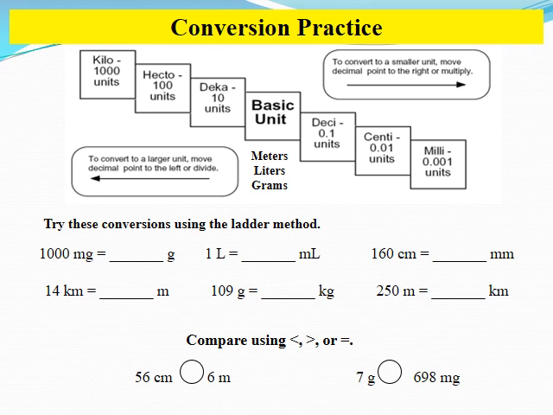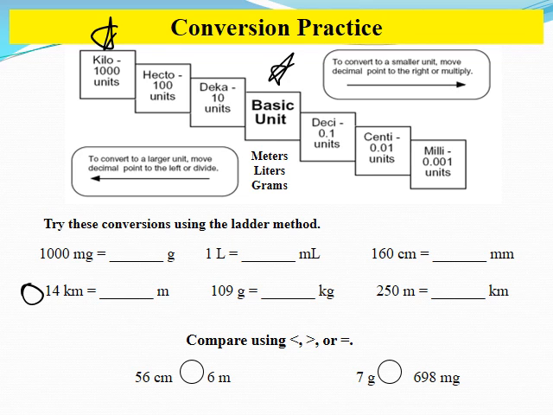So the final thing I'd like us to do today is try some conversion practice problems. So you can pause the video, and work through as many of these as you feel you'd like to. Real quick, let's do one together. Let's do this one right here. So we have 14 kilometers and we want to get to meters. So we know that we're starting off with kilometers, so we start up here. And we want to get to meters. And remember, meters is your base unit. So are we moving to the right or to the left in this diagram?